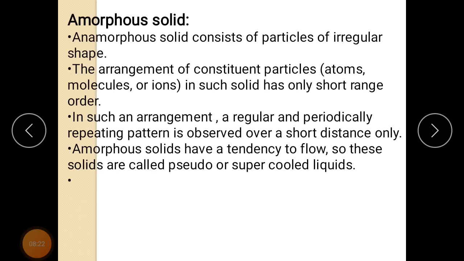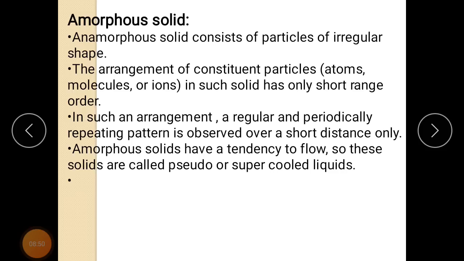And amorphous solid. Amorphous solids consist of particles of irregular shape. The arrangement of constituent particles in such a solid has only short range order. Each atom or molecule is not fixed at a definite point in space at a definite distance.